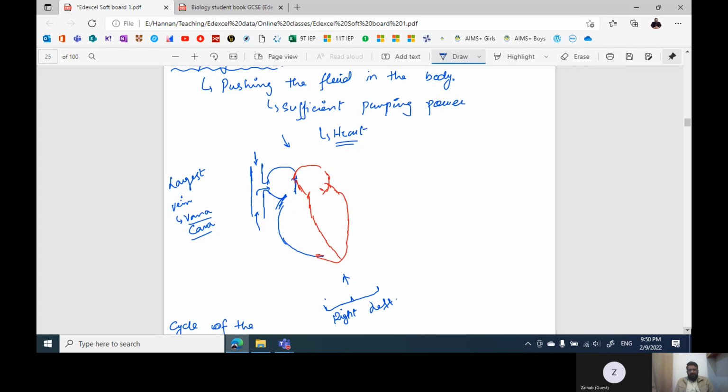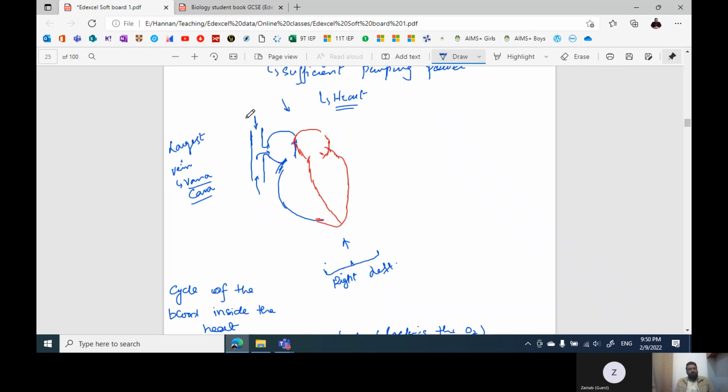Keep this in mind that all the blood that is coming from the body, either from above or below the body, would be emptied into the right portion, and the two upper chambers are called the atria.